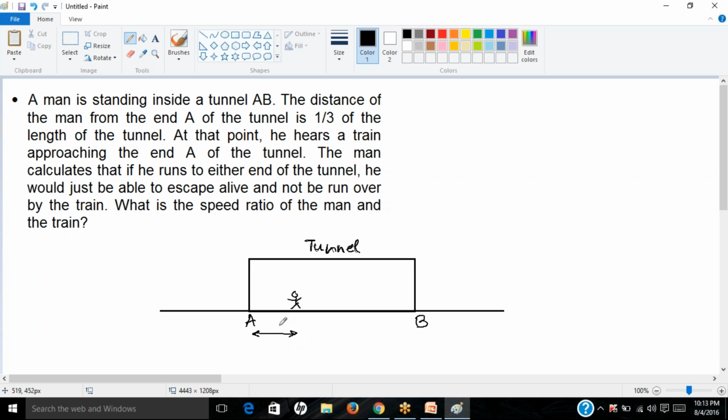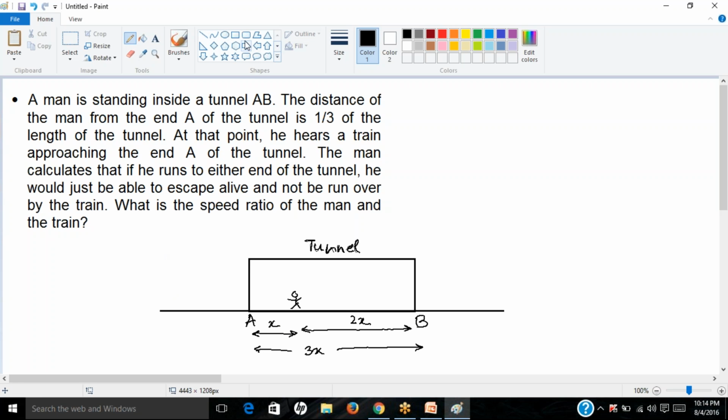So if this is X, then this is 2X, where the length of the tunnel is this 3X, okay? Now, what else is known? There is some train approaching.